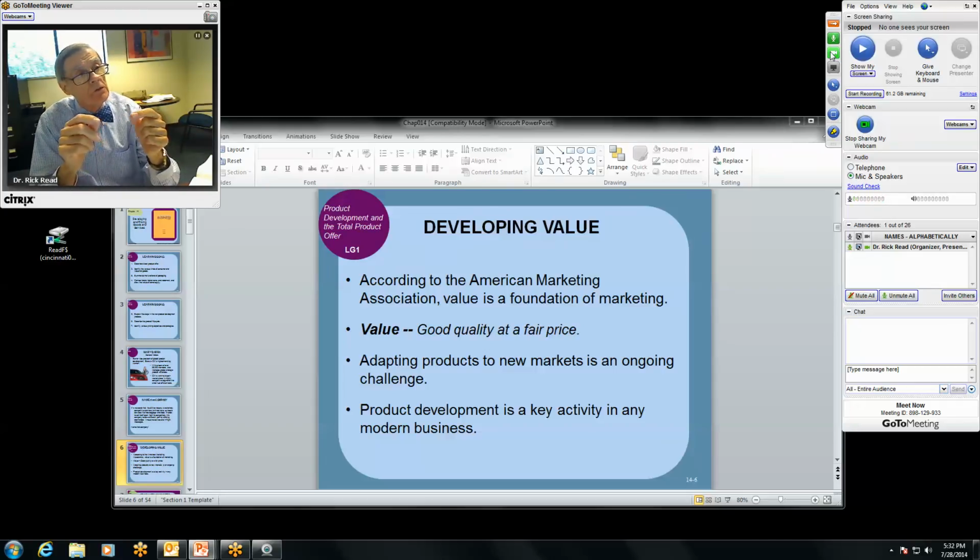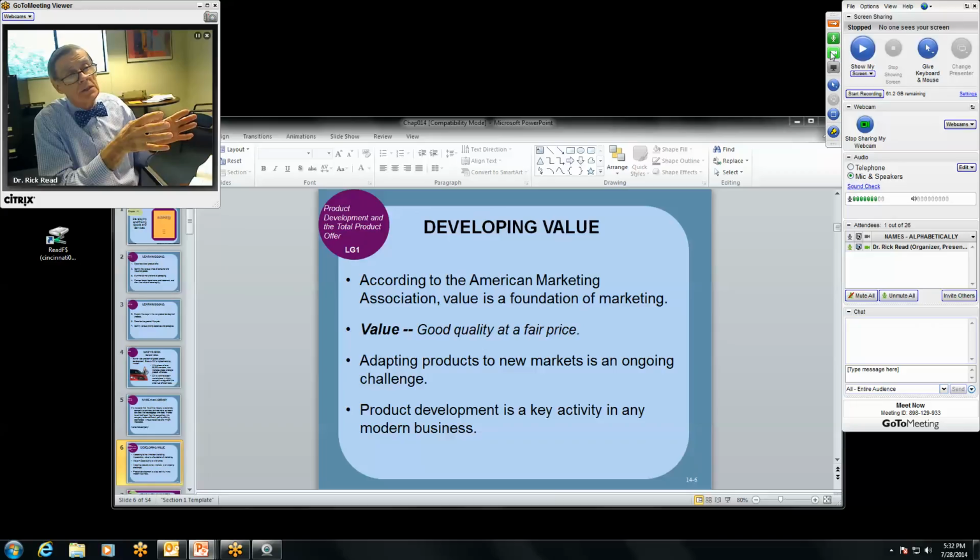If you go to a store that sells merchandise at a very inexpensive rate as opposed to some other type of store, then you realize that for the most part, not always, the quality of what you're getting is of lesser value because you're paying less money.